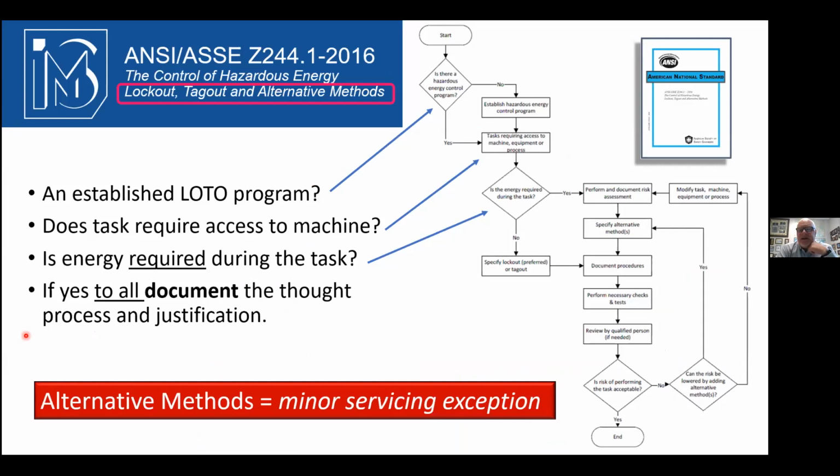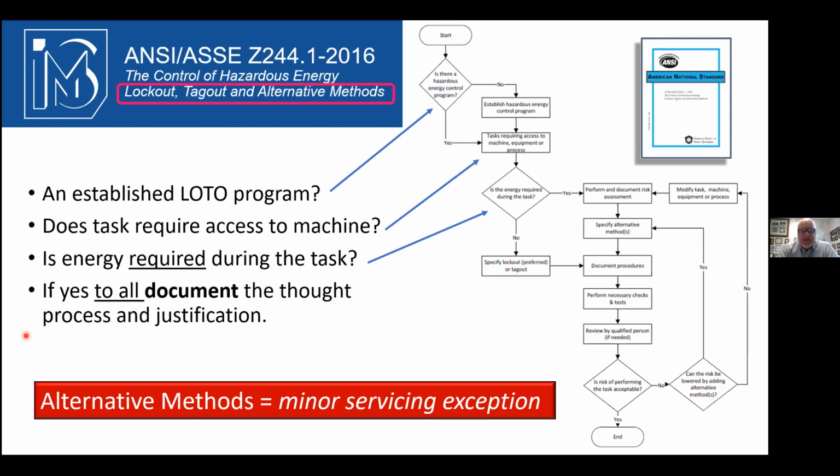It defines lockout, tagout, but it also defines alternative means. The most recent update to that one, 2016, really had quite a focus on alternative measures because lockout, tagout was not being used as well as it should be. And if there was some other means to keep the machine running better, that was really the focus, these alternative measures.